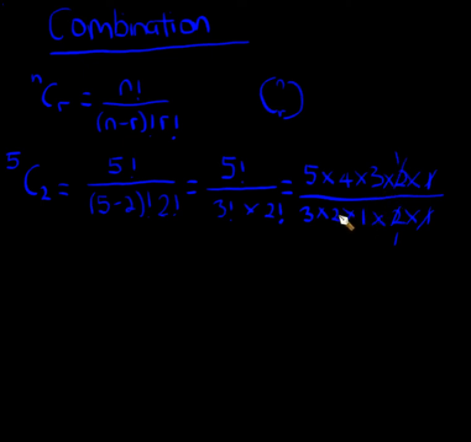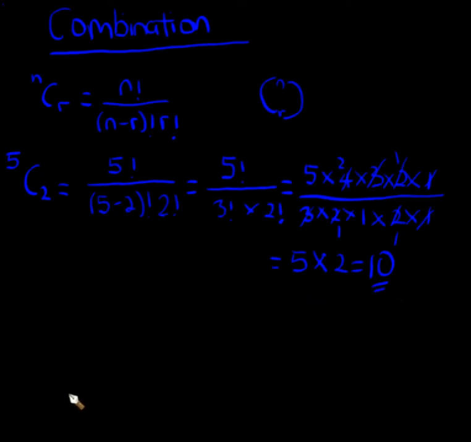There's a 2 at the denominator and there's a 4 at the numerator. 2 into 4 would give us 2. There's a 3 at the denominator and a 3 at the numerator, so this 3 cancels this 3. In the end, we are left with 5 times 2 equal to 10. So 5 combination 2 gave us 10 at the end. That would be the value of 5 combination 2.